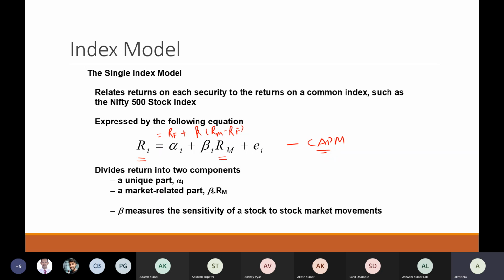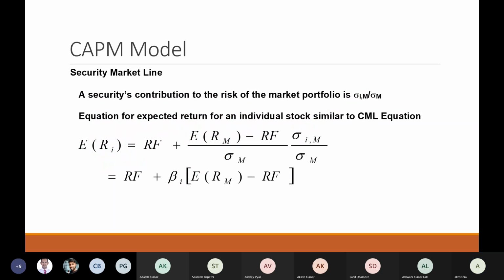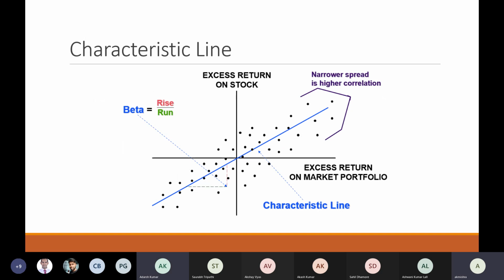So the single index model assumes that there is an asset class which is riskless, or it is RF basically. Whereas in this case, you just talk about a particular stock I, and you look at the expected return for stock I with respect to the market portfolio. This we will be talking about.